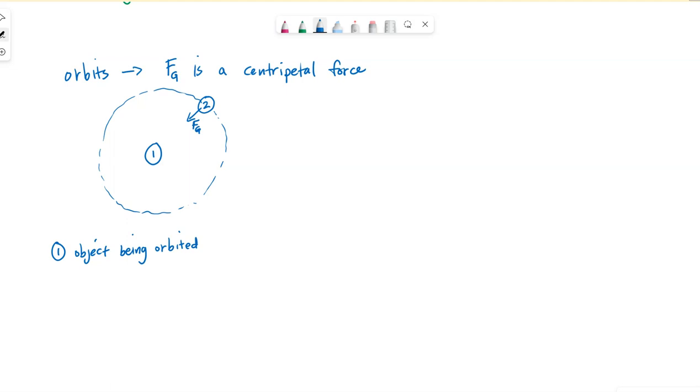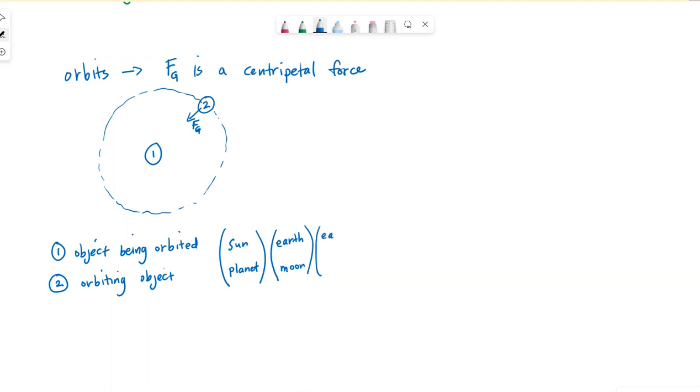So we could talk about the planets orbiting the sun. Mass 1 would be the mass of the sun. Mass 2 would be the planet. So object 2 is the orbiting object. We could have the sun be object 1 and the planets be object 2. We could have Earth be object 1 and the moon be object 2.